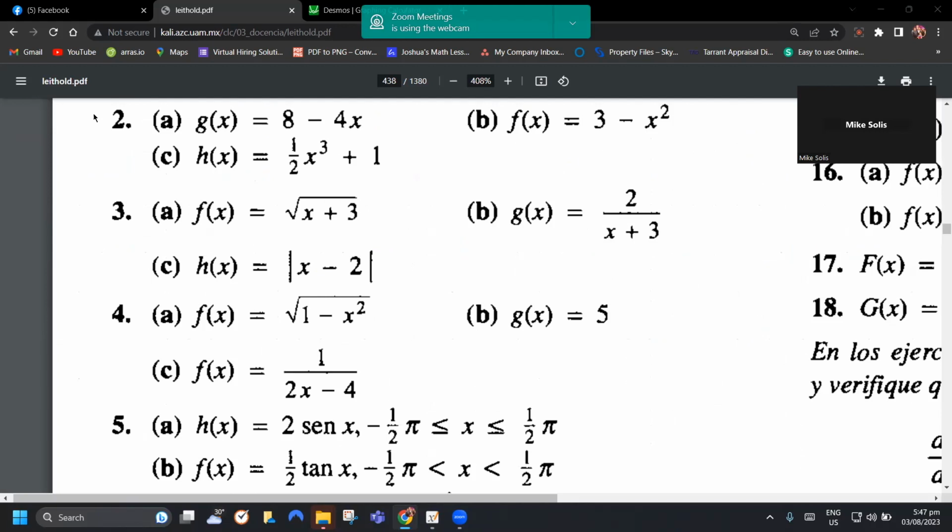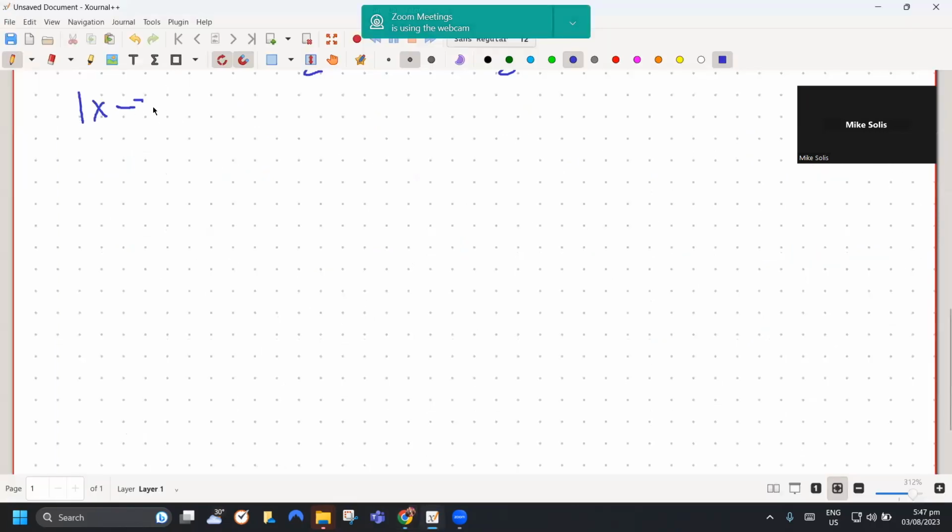So, pag all reals, not 1 to 1. Teka, graph mo yung absolute value of x minus 2 for x greater than or equal to 0. Tingnan mo kung anong mangyayari. So, pwedeng use Desmos and graph.